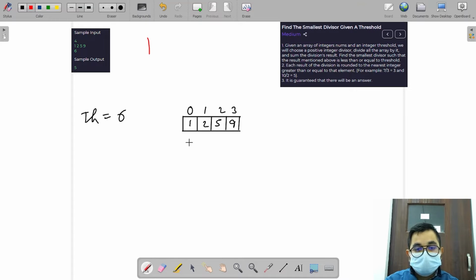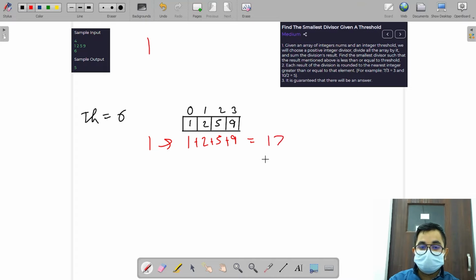I will start with 1: 1 by 1, 1 by 2, 2 by 1, 1, 5, 9 is for 1. Sum of quotient is equal to 10, 17. So 1 cannot be my answer. Start with 2: 1 plus 1 plus 3 plus 5.